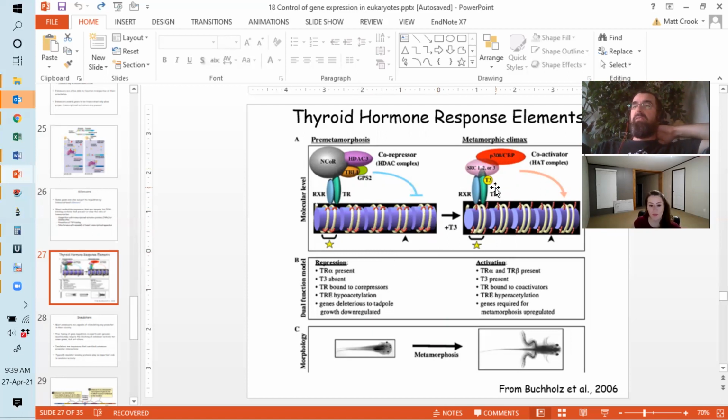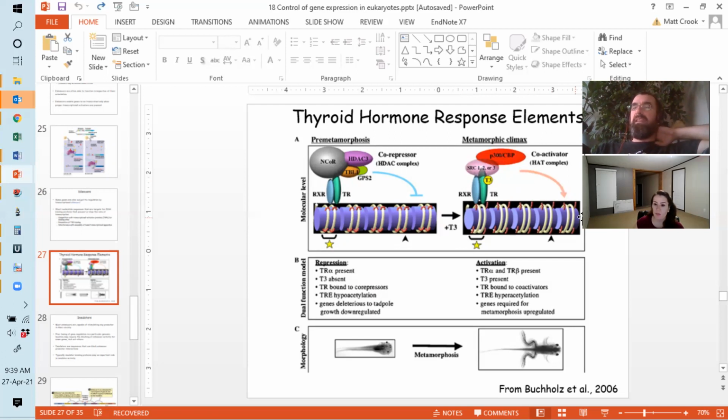Now, when T3 is present, and this is most likely controlled by another process somewhere else, that enables this complex to form, which recruits a histone acetyltransferase, a HAT.